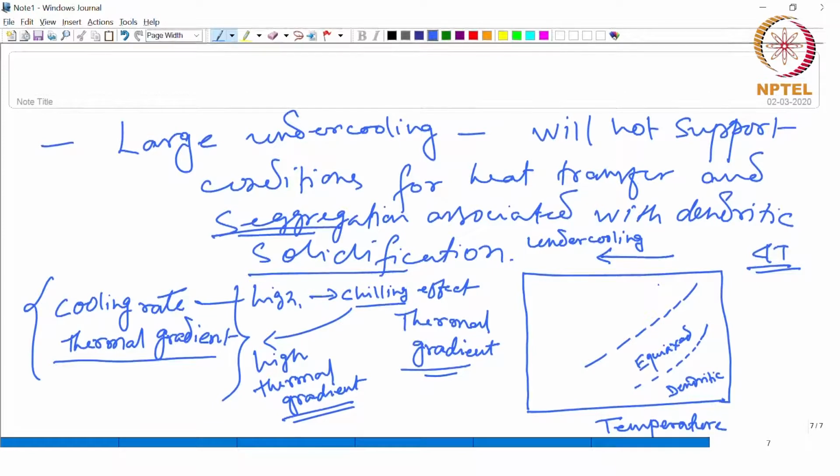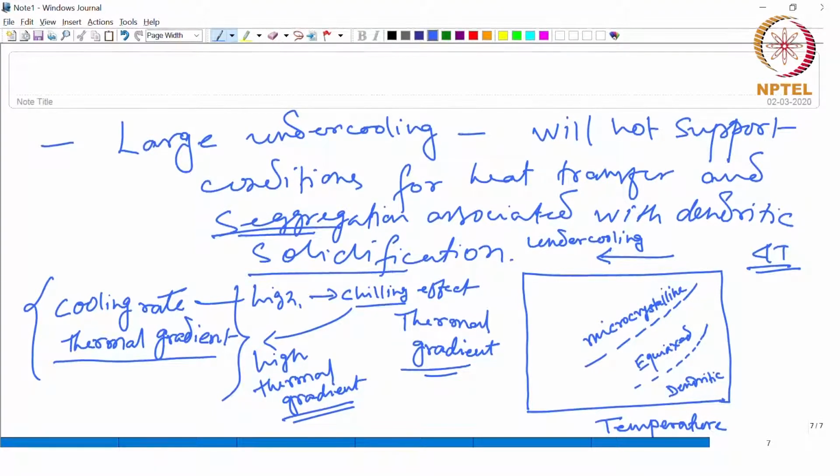So, these process conditions and these parameters that we talked about, that would also dictate whether this will be a crystalline material.